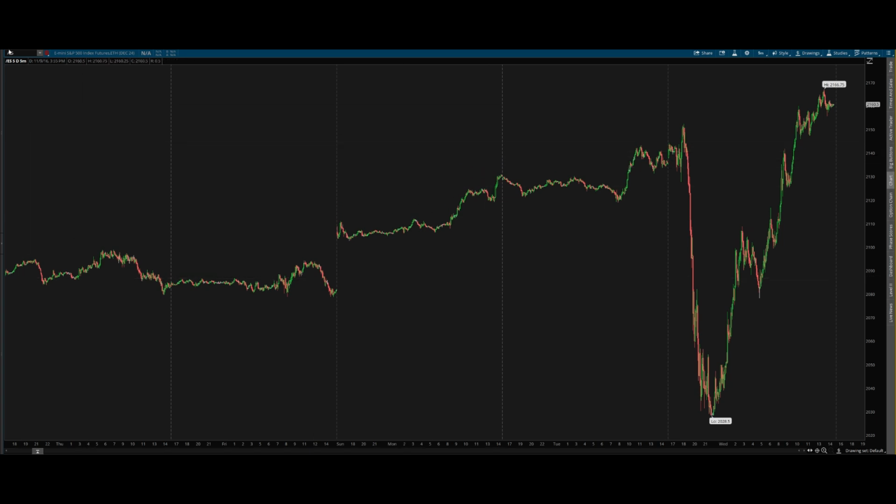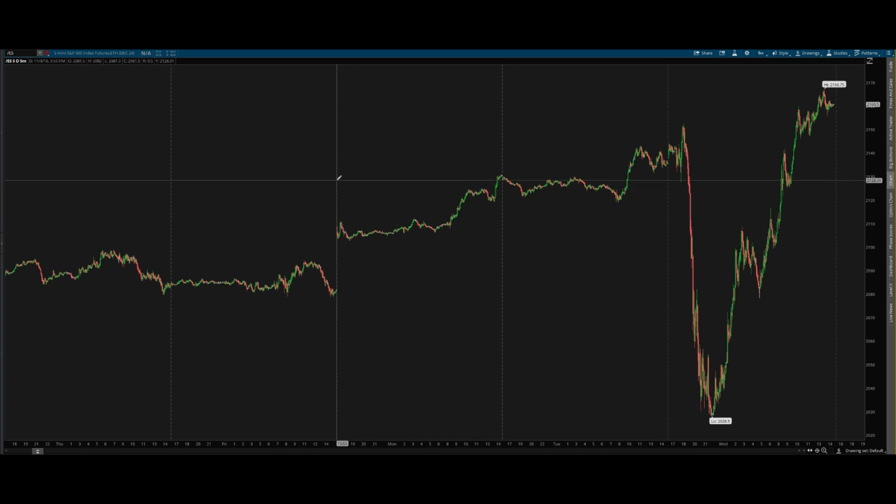Up in the top left, I have the S&P 500 futures pulled up, and that will allow us to see what happened leading up to election day and what the election results were. On Sunday, the market opened and it was rather inside. And we're doing all of this on the 5-minute chart because I think that'll give us a much more accurate representation of what a majority of the price action was like.